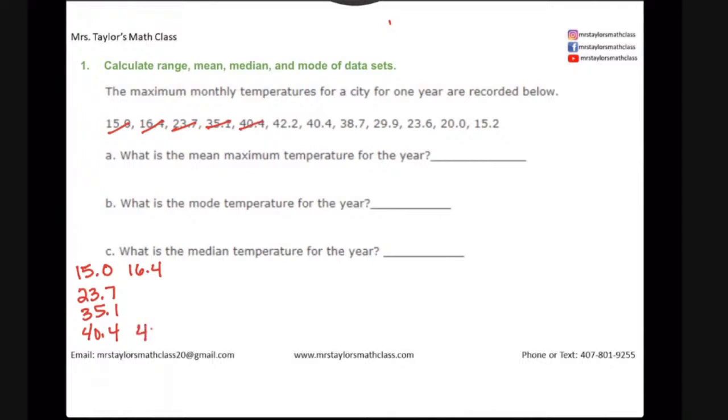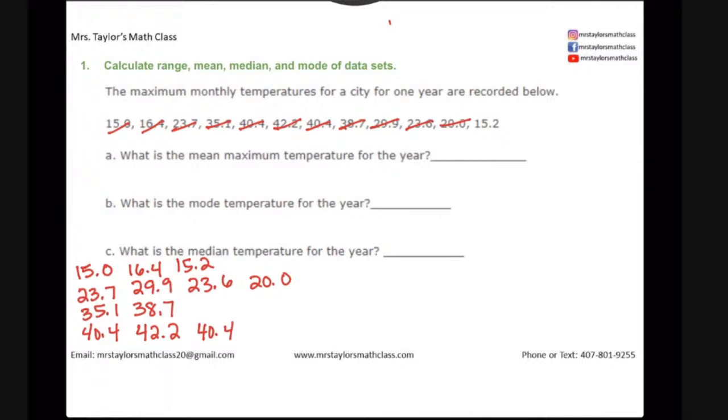Another 40, so 42.2, 40.4, 38.7, 29.9, 23.6, 20.0, and 15.2.